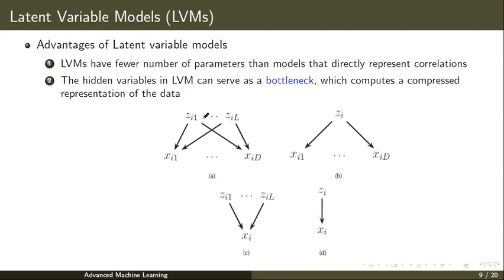So it can be a one-to-one, one-to-many, or many-to-many mapping. Another advantage of the latent variable model is that the connection between some number of nodes goes through a particular hidden variable, so that hidden variable bottleneck can be used as a compressed representation.